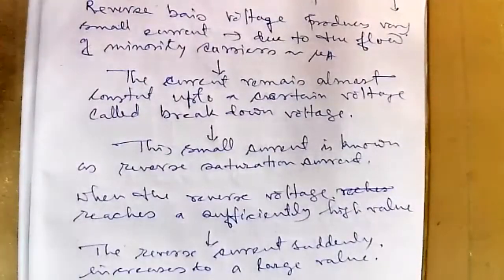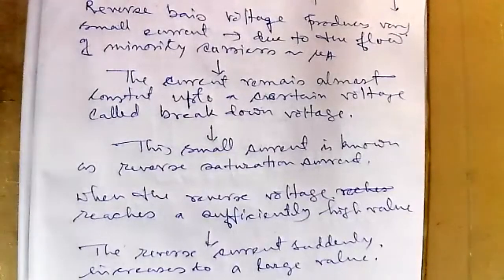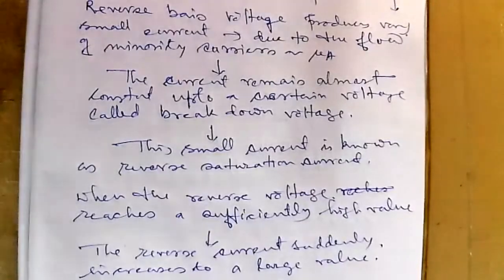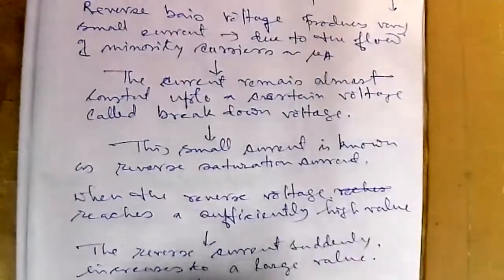This voltage at which breakdown of the junction diode occurs is called breakdown voltage or Zener breakdown voltage.